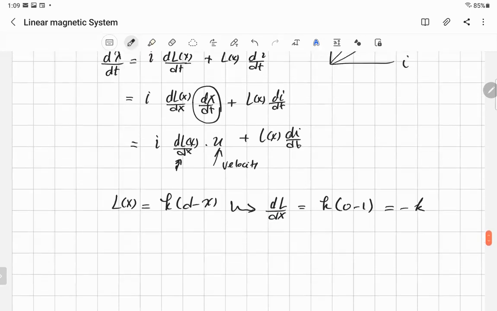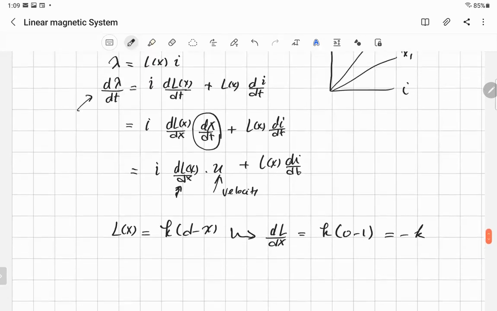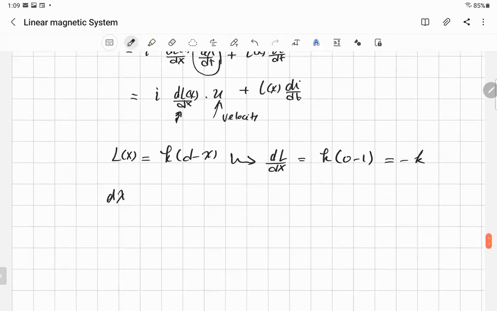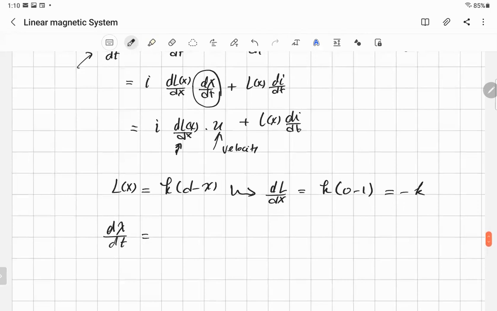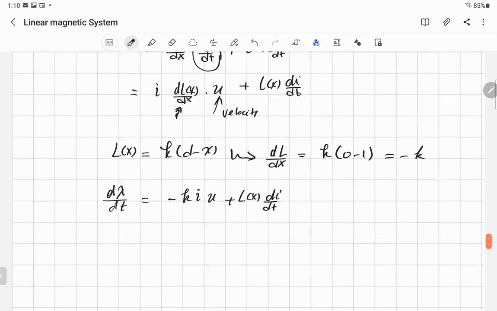So now I can write this relation: the differentiation of flux linkage with respect to time equals I dL by dx, and dL by dx we found equal to minus k, so we have minus k I u plus L of x di by dt. That will be the equation for d lambda by dt, which is the induced EMF.